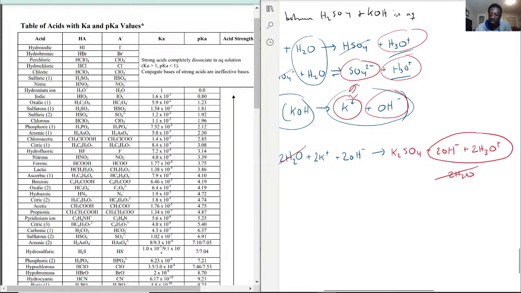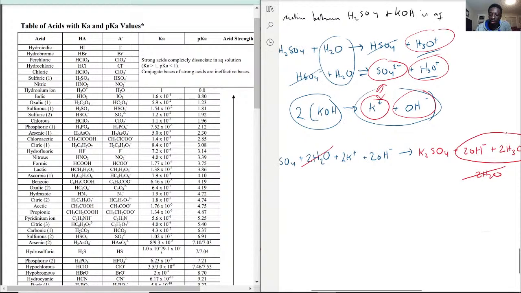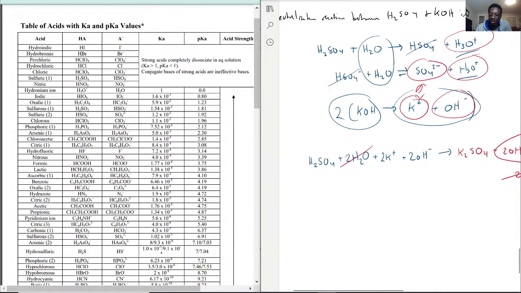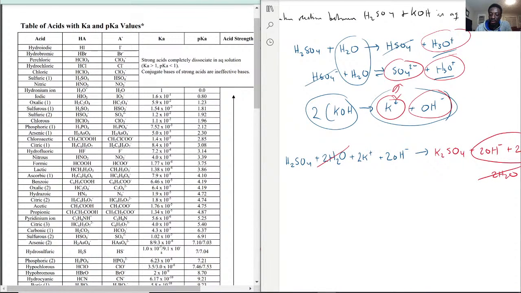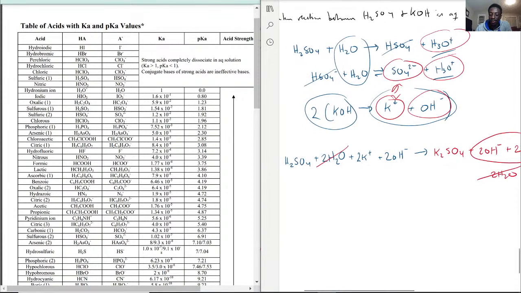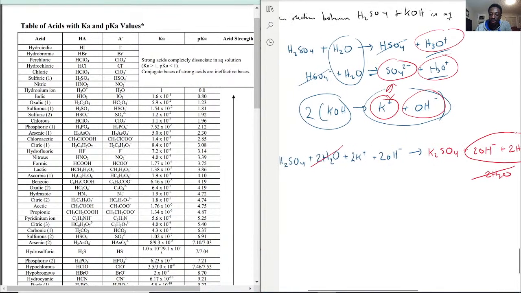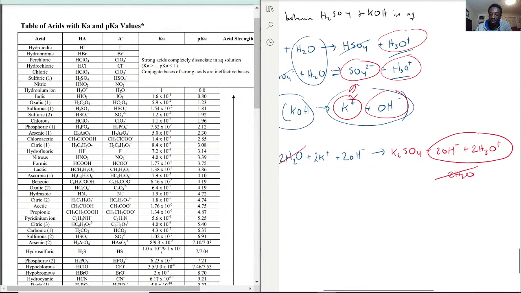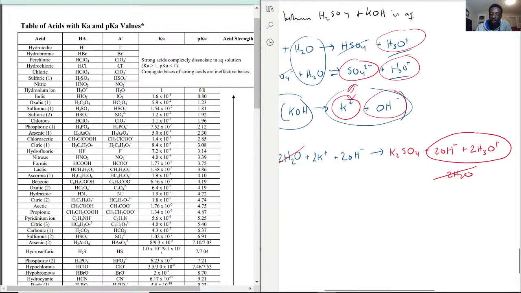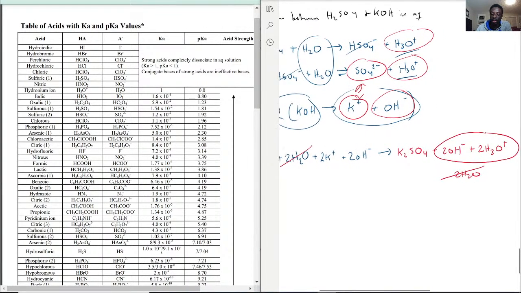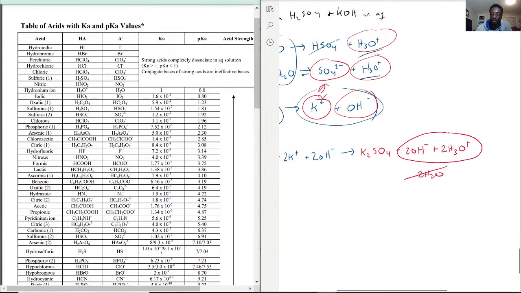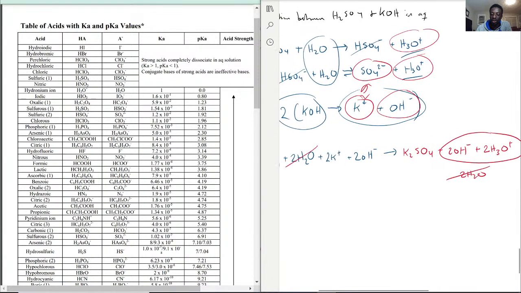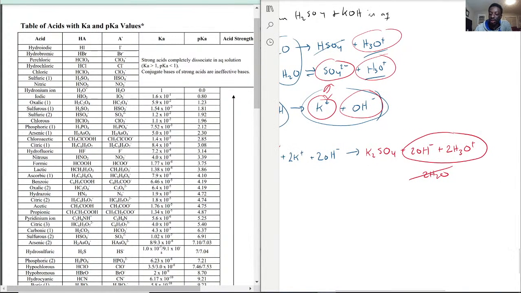Spectator ions, just to make sure, 2H3O plus, 2K plus, 2OH minus turns into K2SO4 plus H. Okay, just to make sure I have it correctly done. We have 2H3O, 2OH. Oh, I see where.